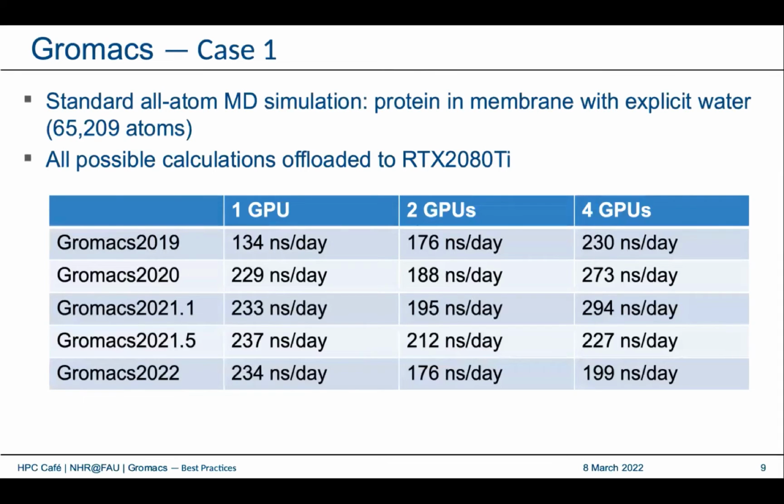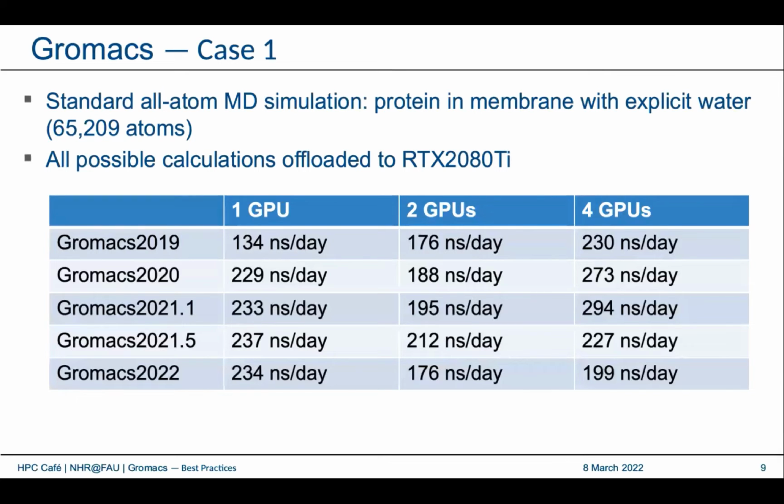So the take-home message here is use the newer version if possible, because we can get the same increase in performance when we use the newest version as compared to just using multiple GPUs.